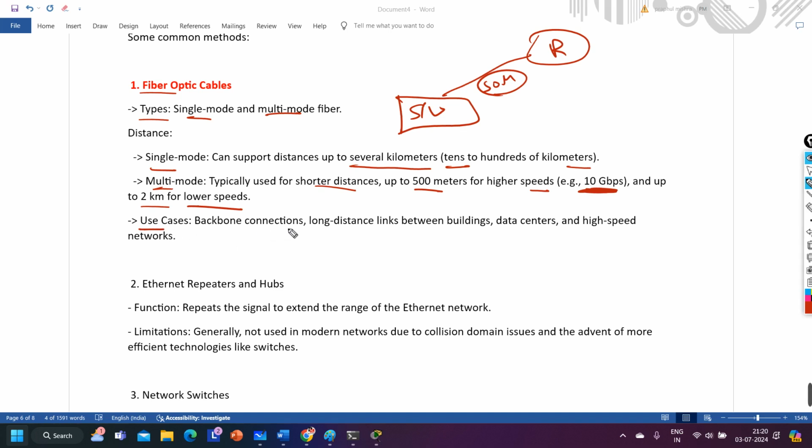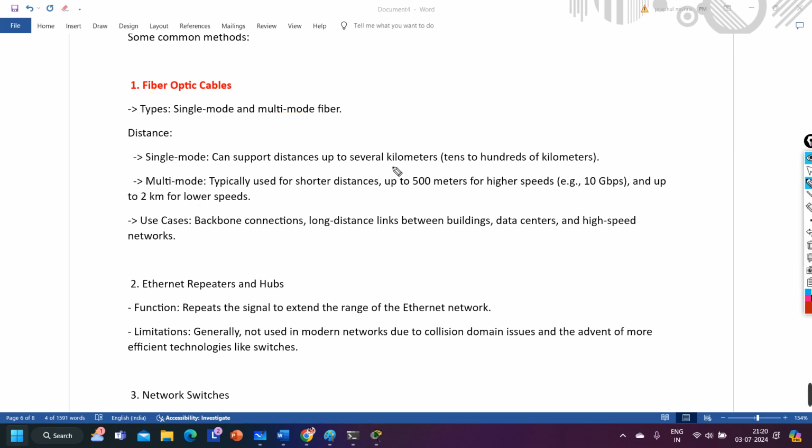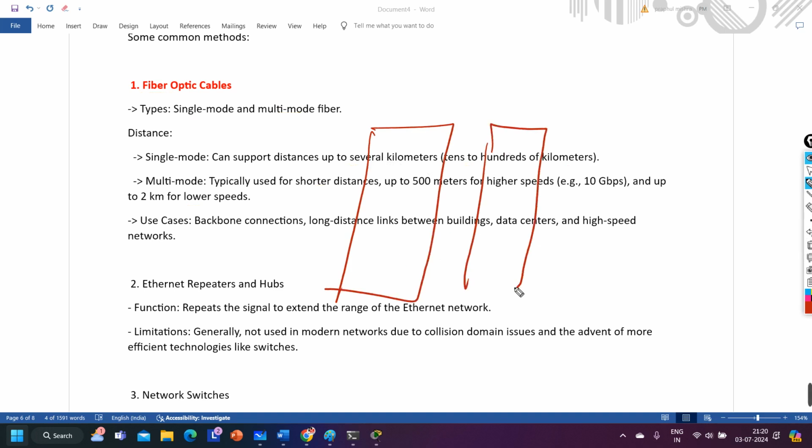Then the use case, guys: backbone connection, long distance link between buildings. Let's say you need to connect two buildings together, and the same thing you will do in a network, like you can assume the network of a college where we have multiple buildings. In each building you will have a LAN, local area network.